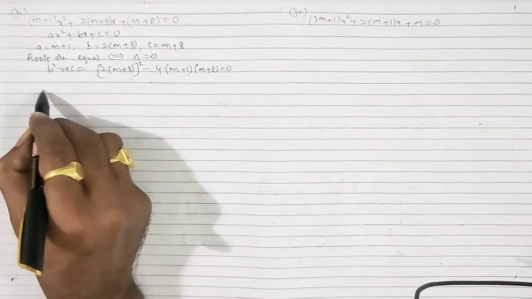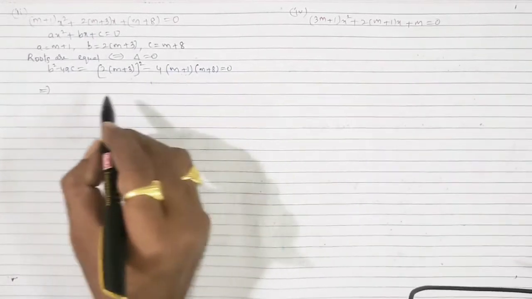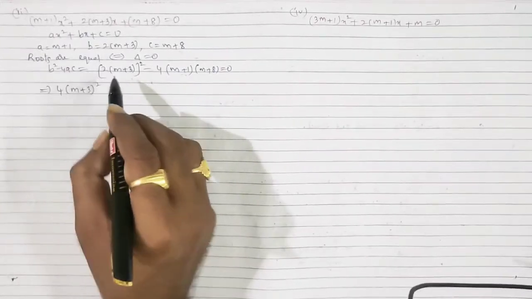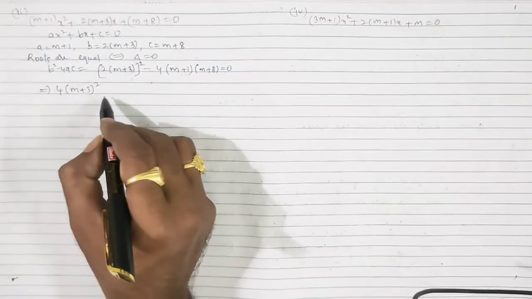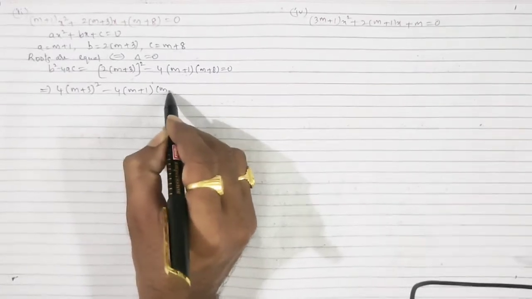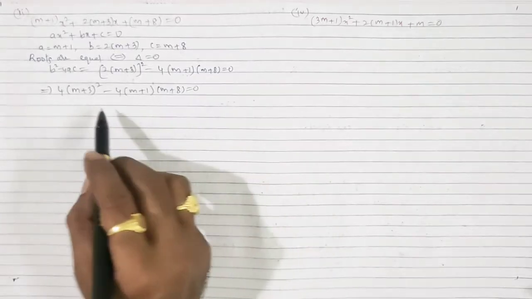Okay. So 2 times (m plus 3) whole square minus 4 times (m plus 1) into (m plus 8). Now if you simplify, we get 4 times (m plus 3) whole square, because (ab) power m is a power m into b power m, 2 square into (m plus 3) whole square, minus 4 times (m plus 1) into (m plus 8). Again if you observe here, 4 is common.